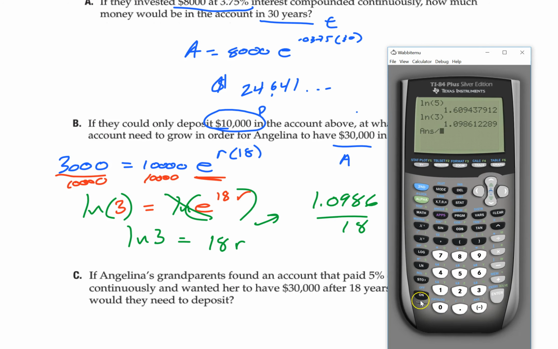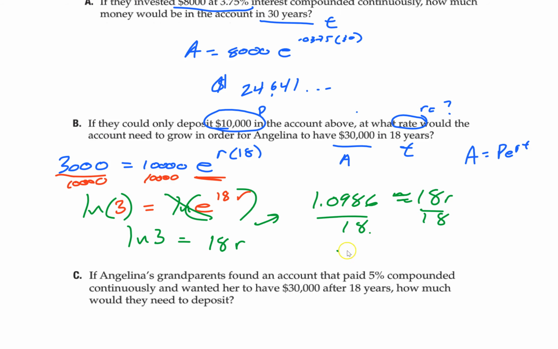It stores the answer right there, by 18. Hit enter, and I get about 0.06103. So 0.06103 is about my r. What rate? So my rate would be about 6.1%. This is the rate I need to make 30 grand by the end of 18 years.